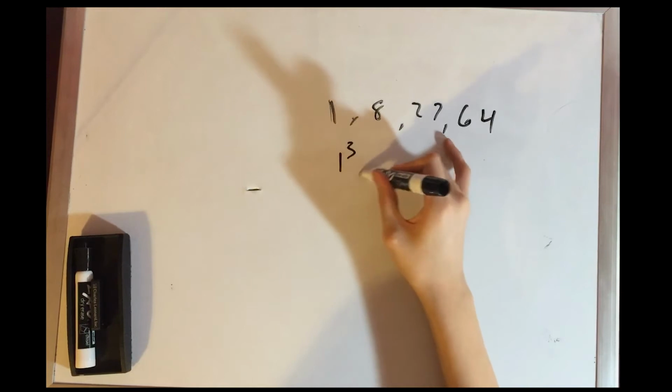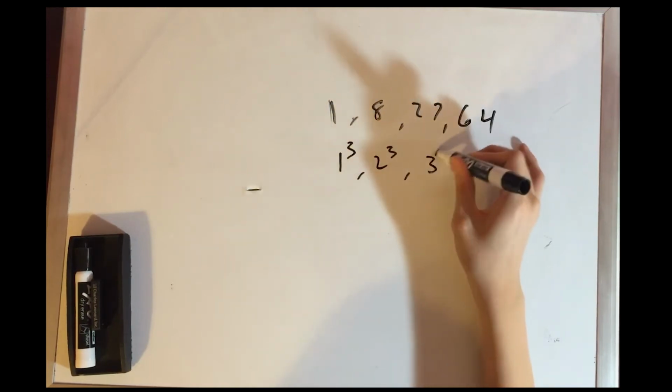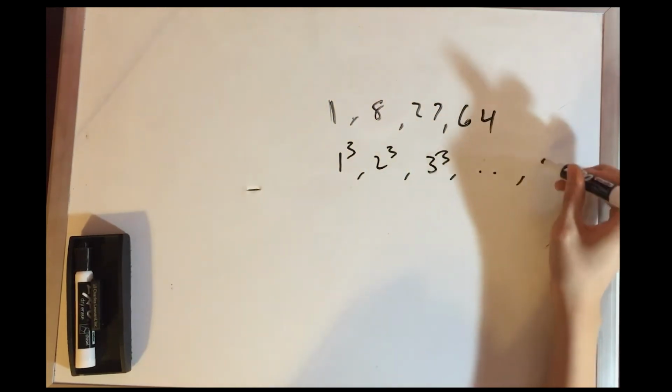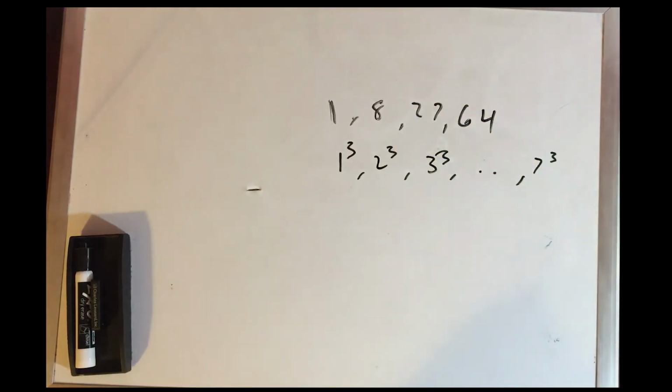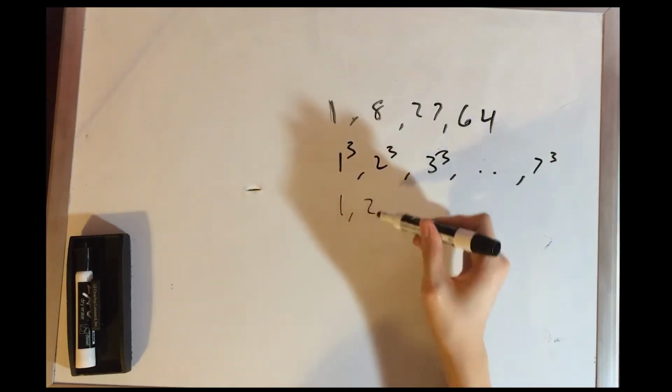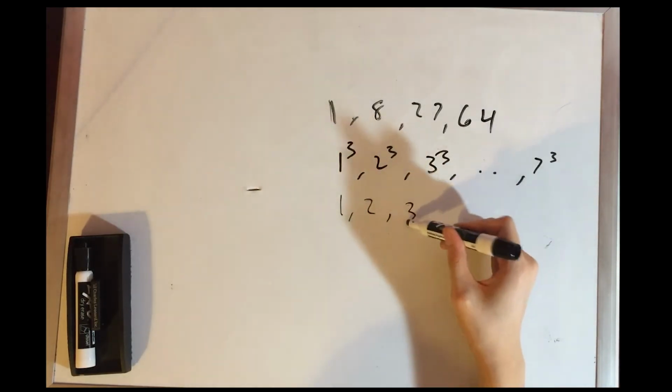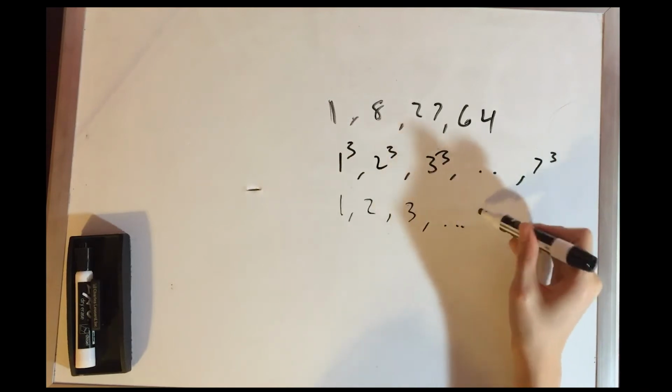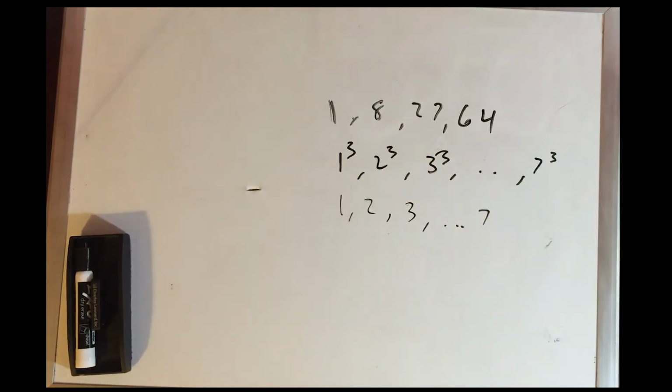And this is just 1 cubed, 2 cubed, 3 cubed, and so on, to 7 cubed, because we have 7 cubes. So basically, this is telling us that all of our cubes are going to have side lengths from 1, 2, 3 all the way to 7, them being integers.